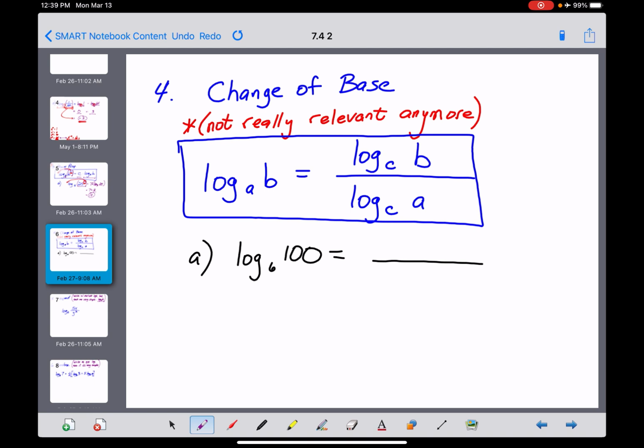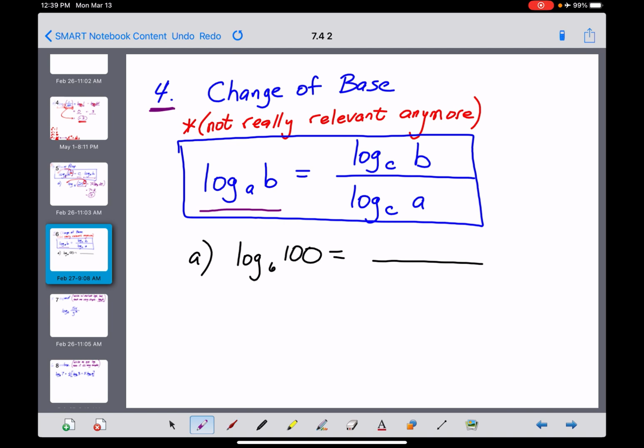Now, I'm going to go ahead and give you guys the change of base formula, but even more so than the 3 properties we've learned so far, this is a formula that's not really relevant anymore because of what your calculators will do that they wouldn't do in the past. So the change of base formula just allows you to evaluate a logarithm in any base with any product, the log base a of b.